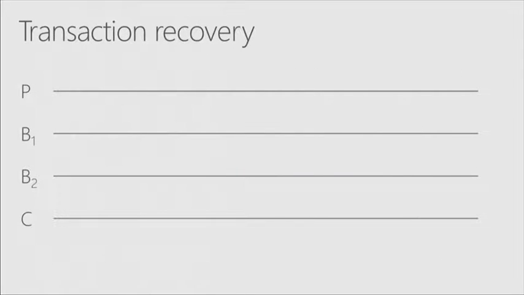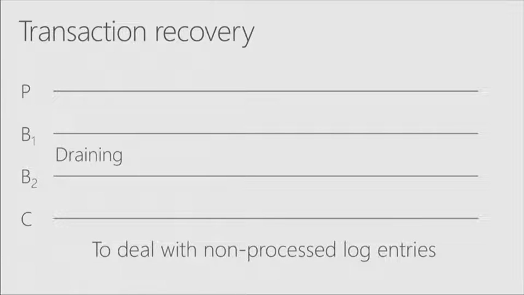Next, the system is going to perform transaction recovery. Transaction recovery is done on a per region basis, basically for all the regions in parallel. Before going to recovery, all the servers first need to drain their message logs. What they do is process all the messages that are there and that the coordinators of some transactions already have considered processed because they received network ACKs.